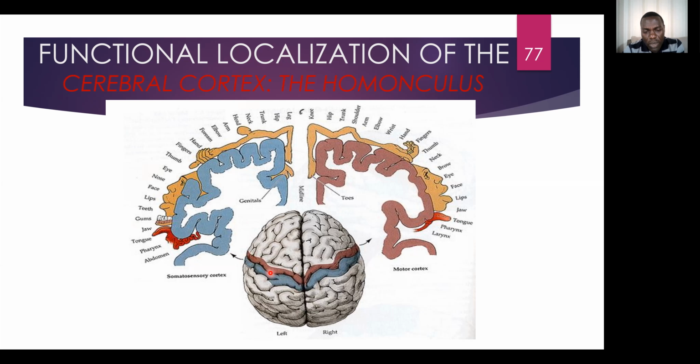Now, the body is not randomly represented on the cerebral cortex. There's a particular pattern in which the body is represented on these two gyri. And the map you're seeing is a map of how the body is represented on those two gyri.